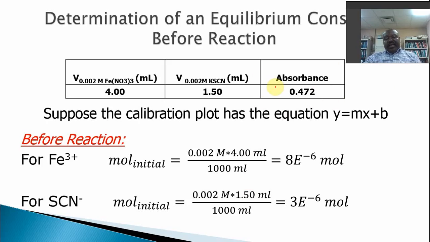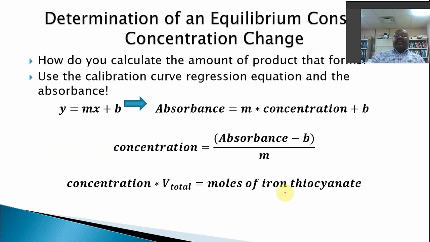It turns out you can find, because you know the volume and the concentration, the moles of each of the reagents you put in. That is before the reaction. And after the reaction, the red color formation, you can measure the absorbance and find the concentration of the iron thiocyanate.